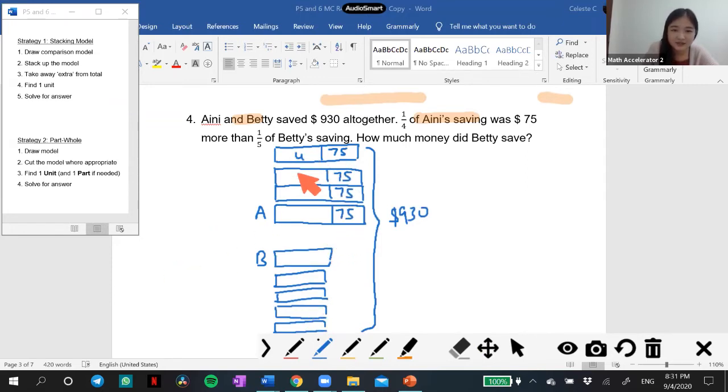Okay, so draw in the equal units here. Okay, good. A lot of you are telling me the extra already. 75 times 4. What is it? 300. Okay.